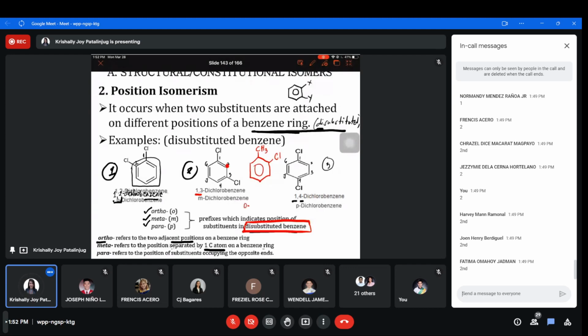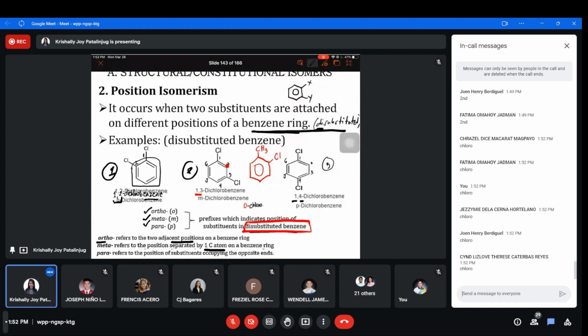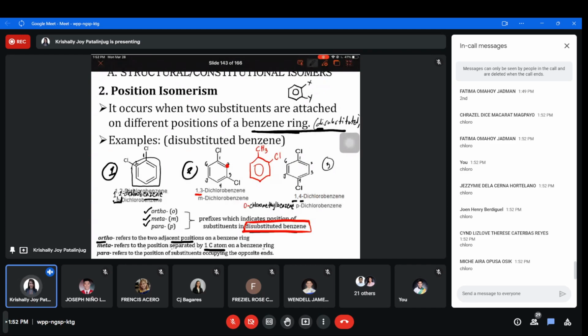How will you cite the substituents? Alphabetical priority. Which comes first, chloro or methyl? Chloro. Okay, very good. So you will write chloro first, followed by methyl, then the parent is benzene. Nakuha? So ortho chloromethylbenzene. Sa isang benzene ring, magkatabi yung chloro tsaka methyl.